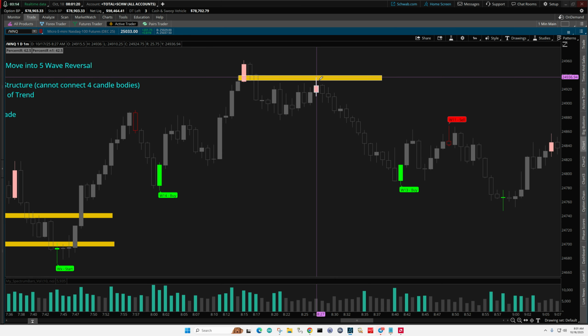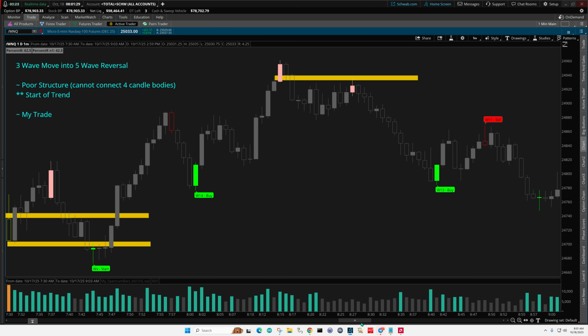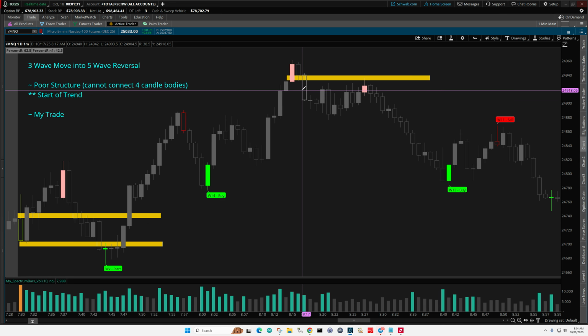Yes, we get a wick up into there, and that's a good sign that price is reversing. So what do I mean price is reversing? That price often creates poor structure when it's leaving a zone.